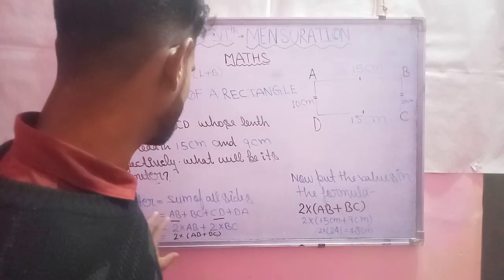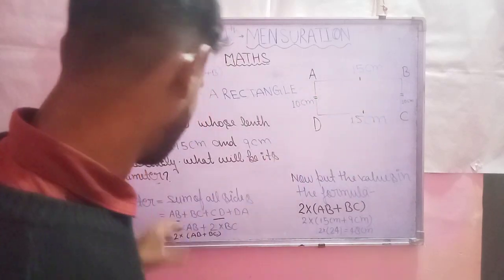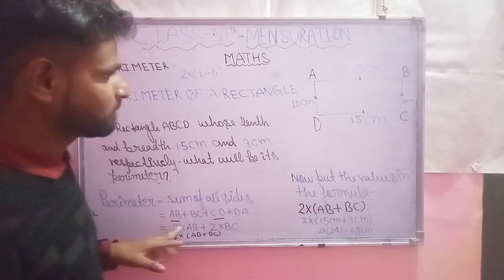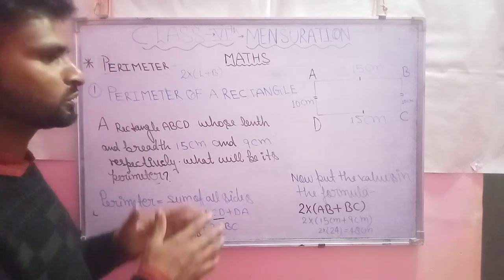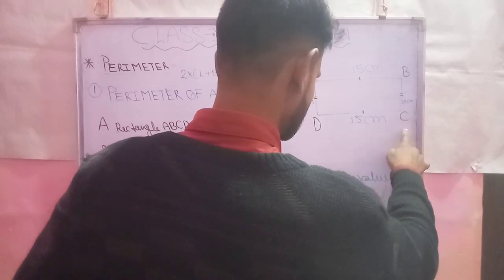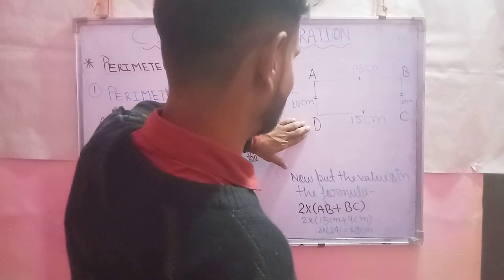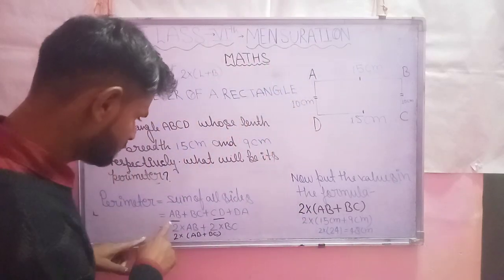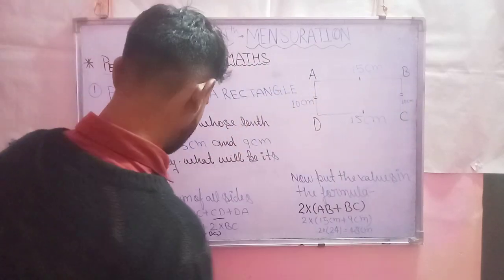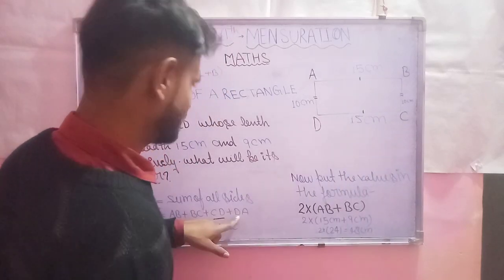Now we need to put all these values here. First we add all the sides. The first side is AB, second is BC, third is CD, and the last one is DA.